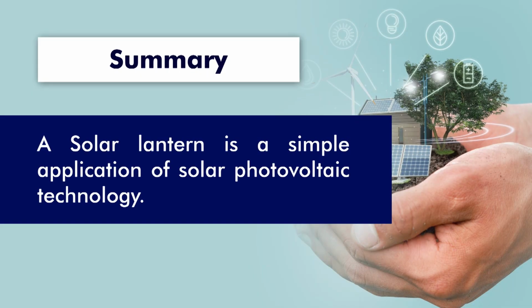The economics of rural electrification can be attractive considering the high cost of power transmission and erratic power supply in rural areas. A solar lantern is a simple application of solar PV technologies which has found good acceptance in rural areas where the power supply is irregular and scarce.